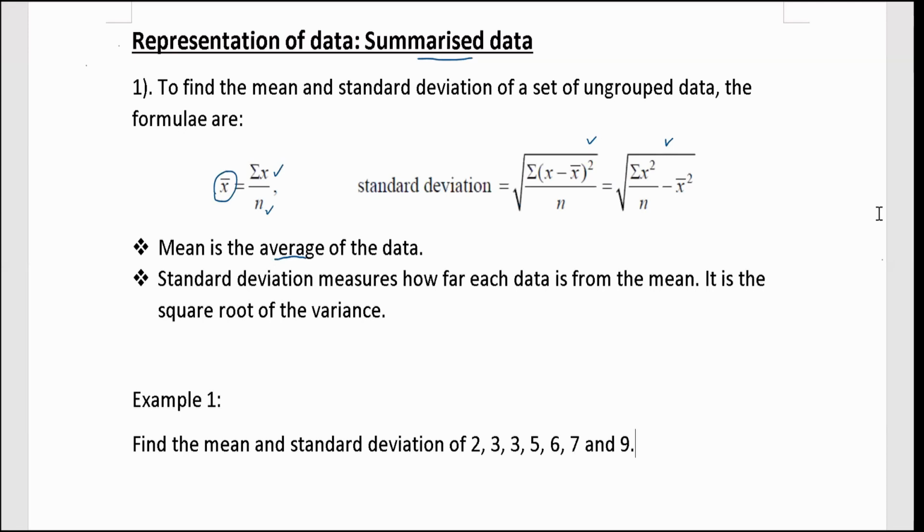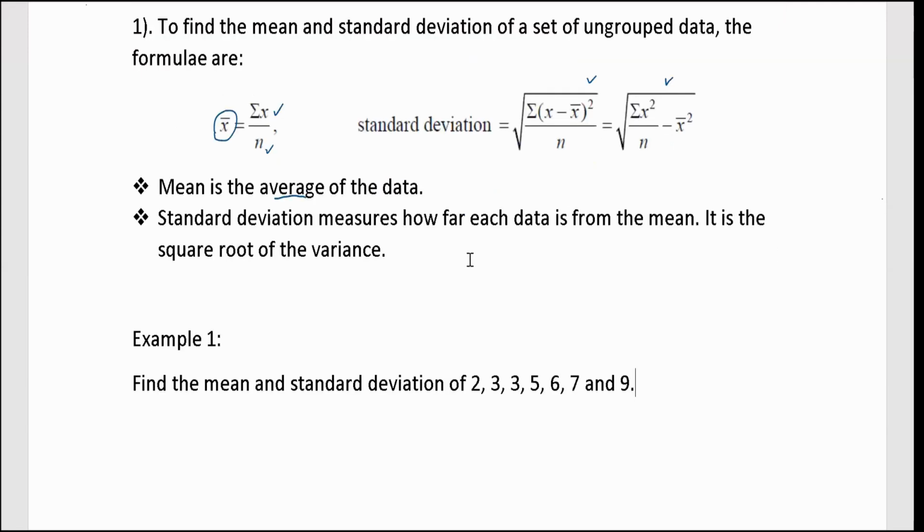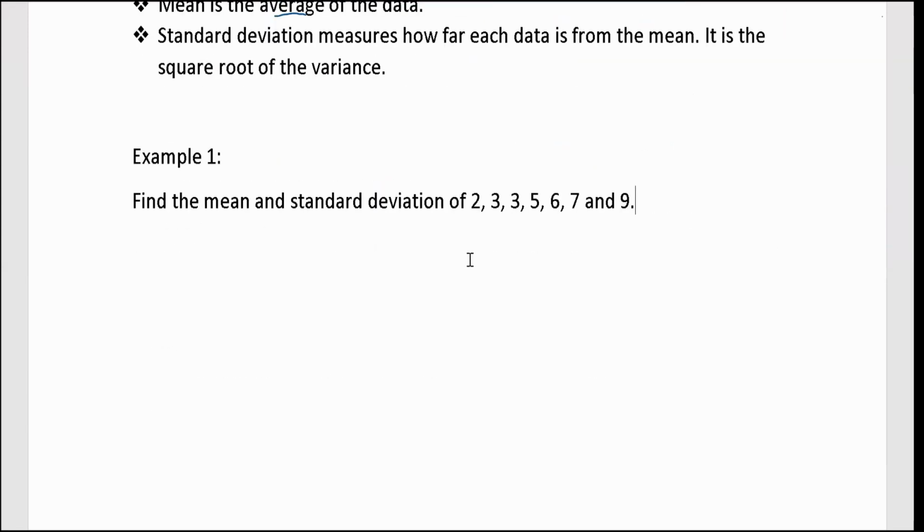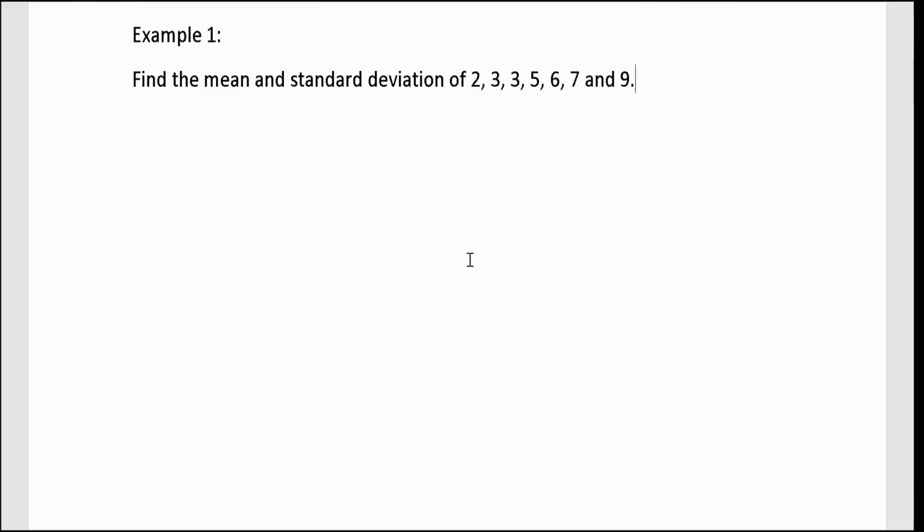Let's see example 1 here. Find the mean and standard deviation of 2, 3, 3, 5, 6, 7, and 9. First, we try to find sigma x, which means we sum up the data.